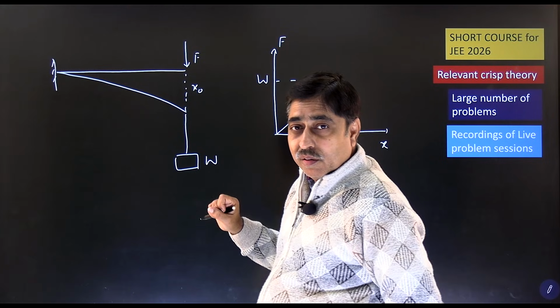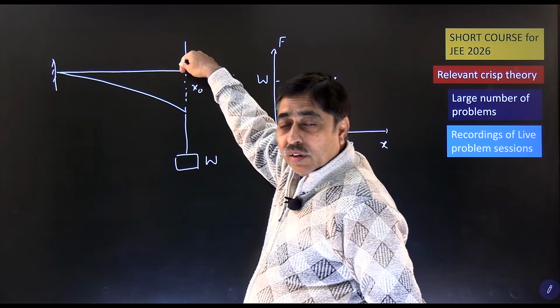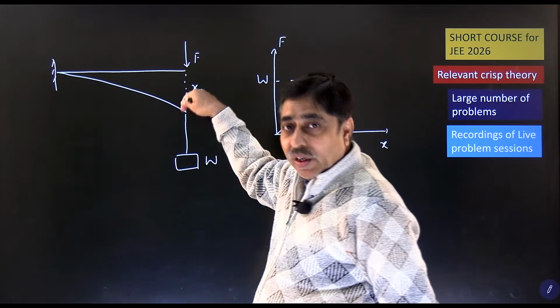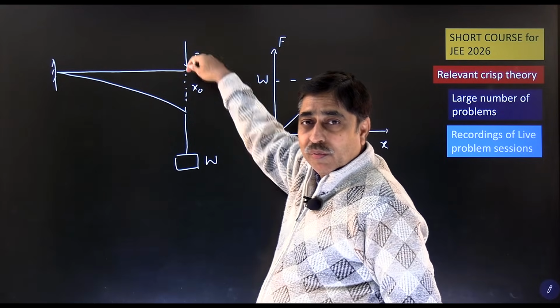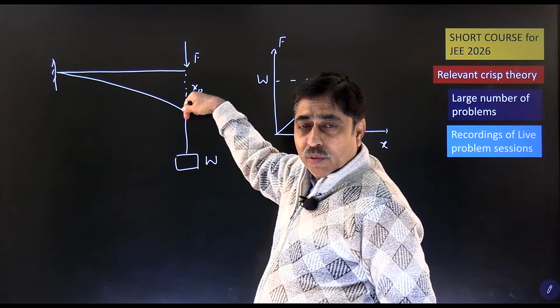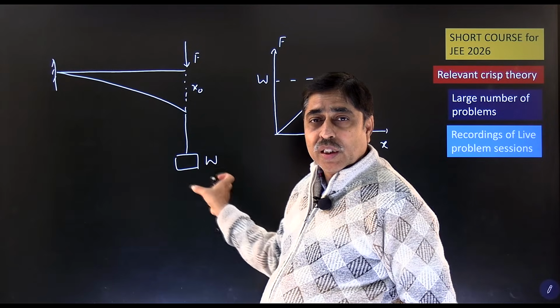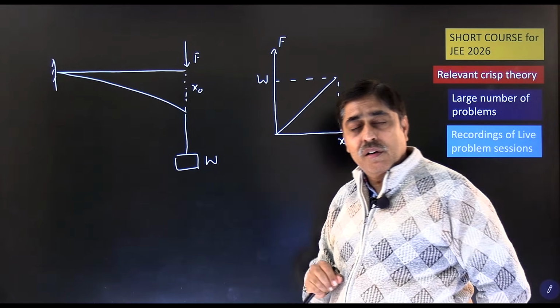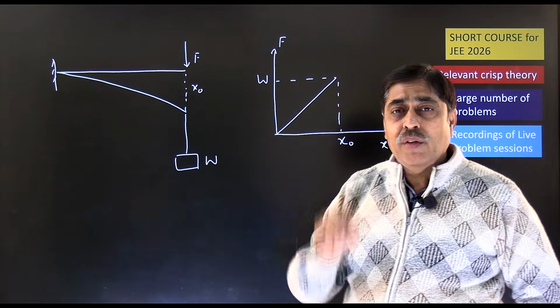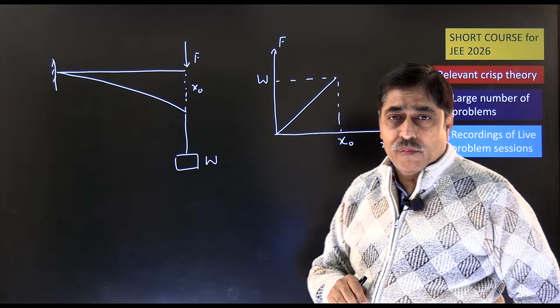It remains there. It simply means that the extreme value of the force applied was W. Force was W. So, I replace that force by this weight. So, the rod remains there. So, the final value of force was definitely equal to W.